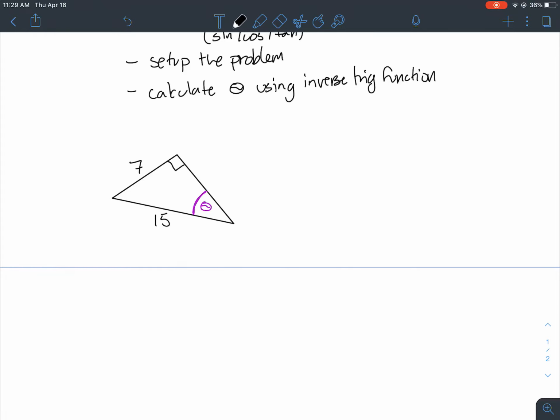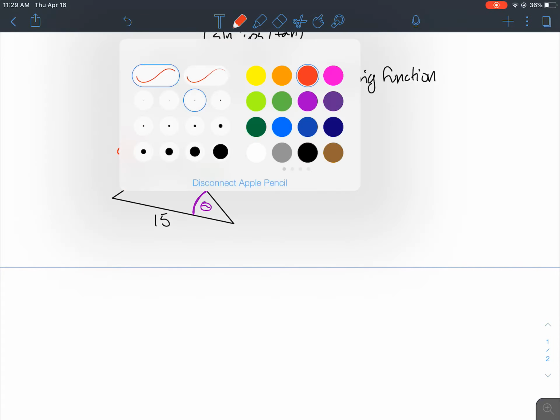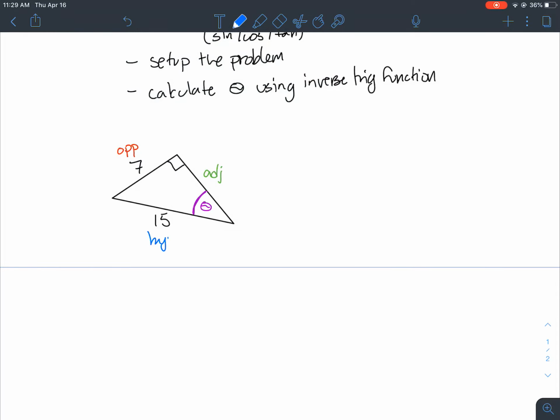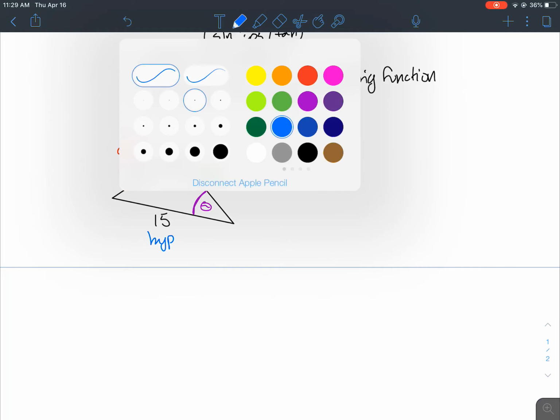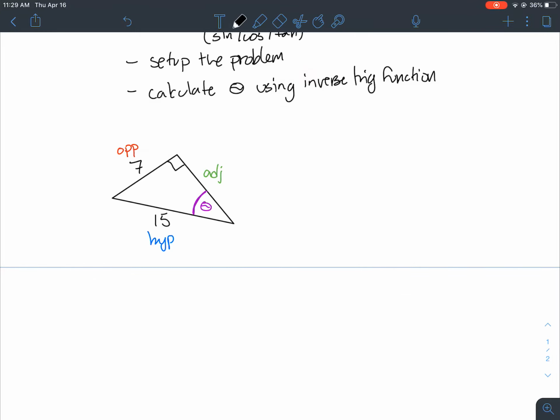So if I identify that, this is my adjacent side. This is my opposite side. And this is my hypotenuse. So I am going to be using sine because I have the opposite and the hypotenuse. So the sine of theta equals 7 over 15.